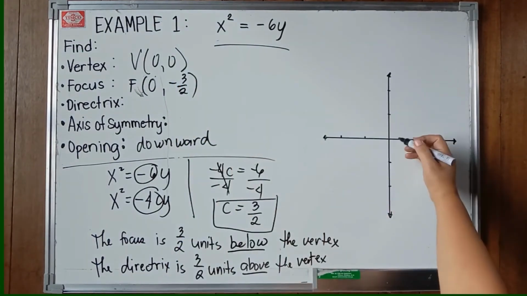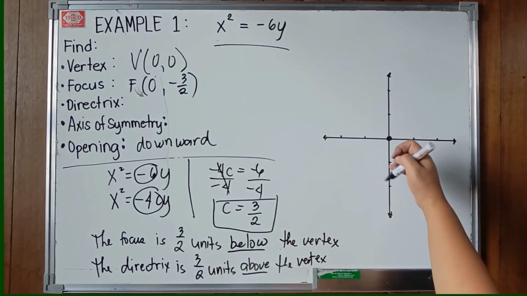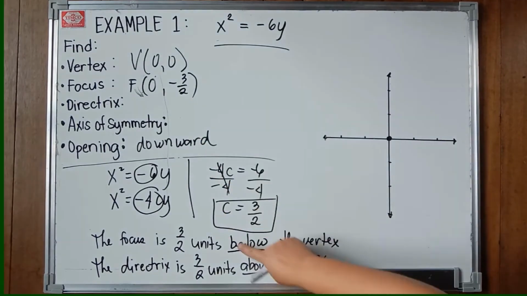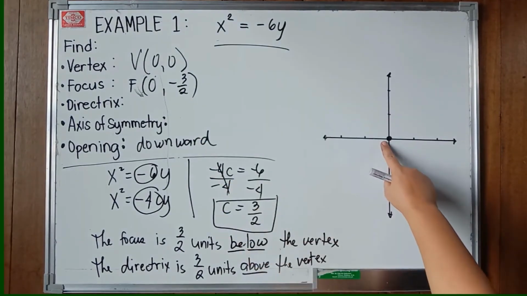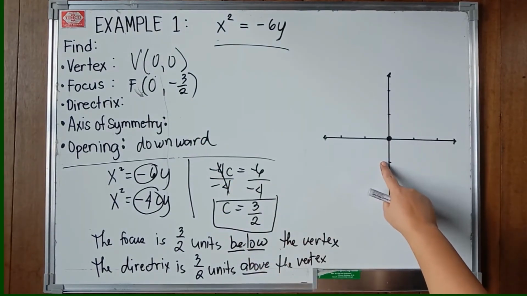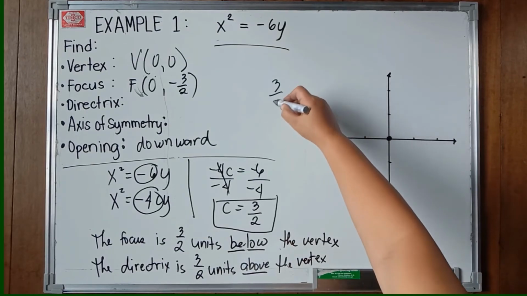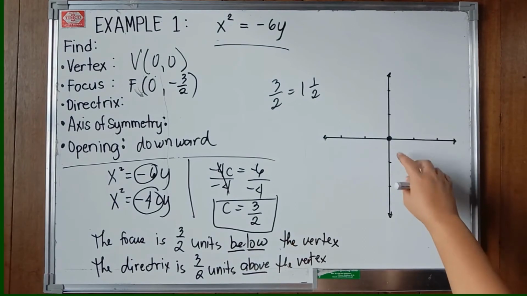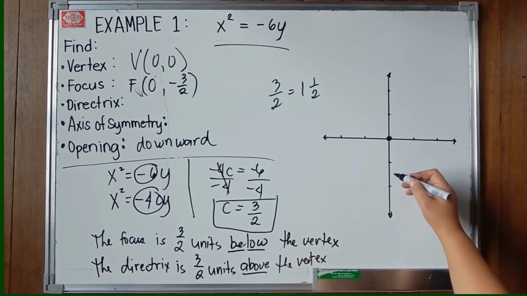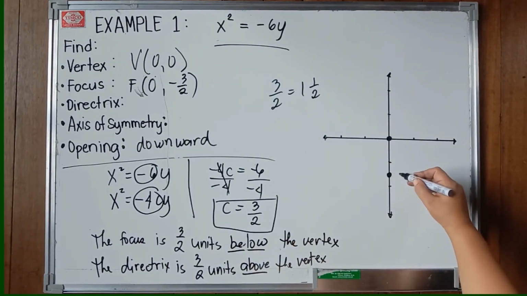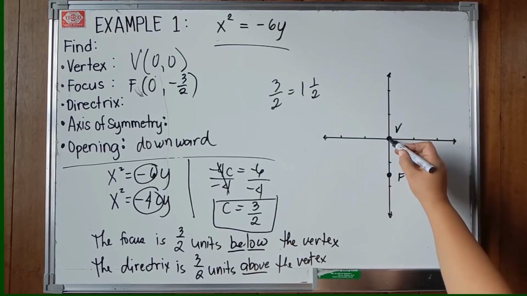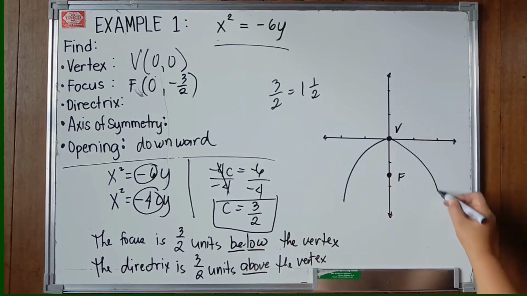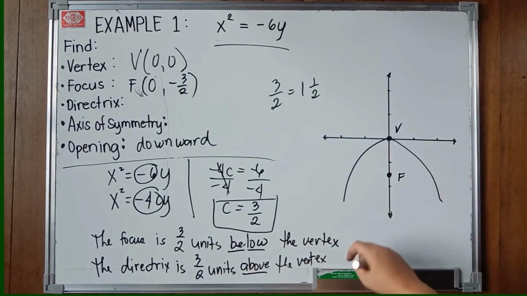So we can now sketch the graph. Our vertex is at 0, 0, and our focus is below the vertex because it opens downward. Take note, negative 3 over 2 is negative 1 and 1/2. The parabola is facing downward.